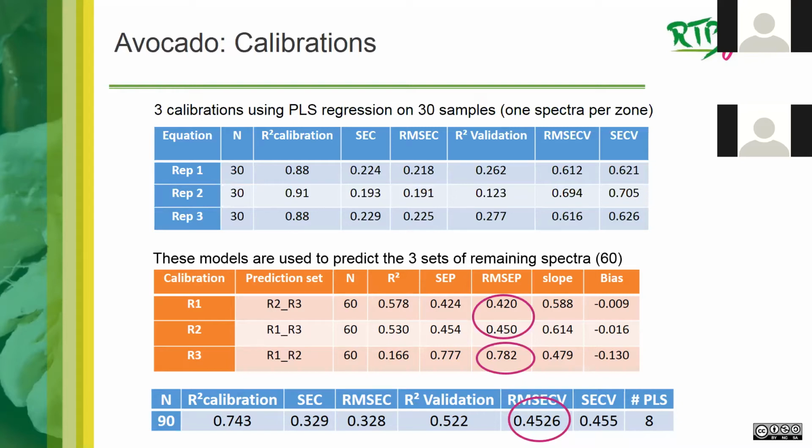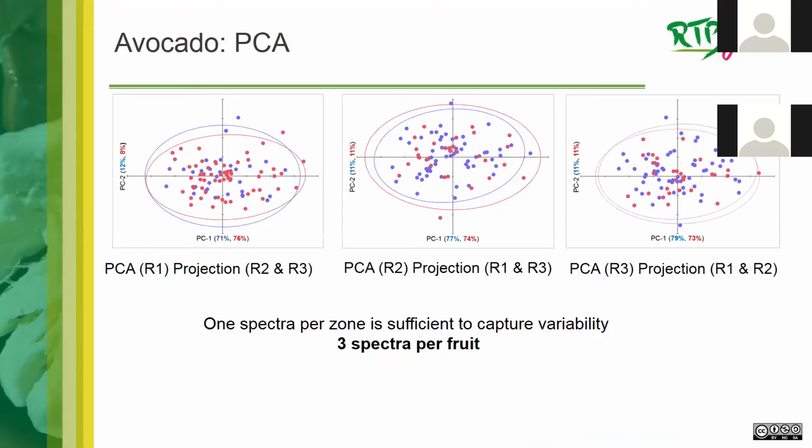But we can go deeper in this interpretation by using principal component analysis. We do the same, but this time we don't use calibration, we use PCA spaces. So we do one PCA using only replicate 1, and then we project replicates 2 and 3 on the space from the PCA on replicate 1. You can see here that the variance of replicates 2 and 3, the dispersion, is taken into account by replicate 1.